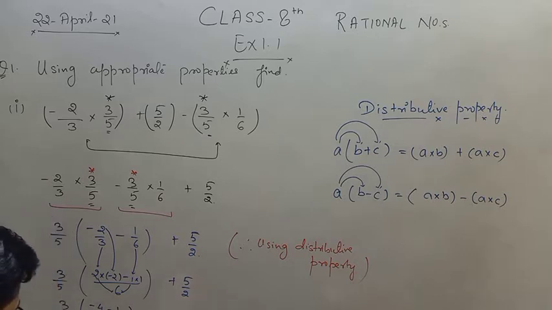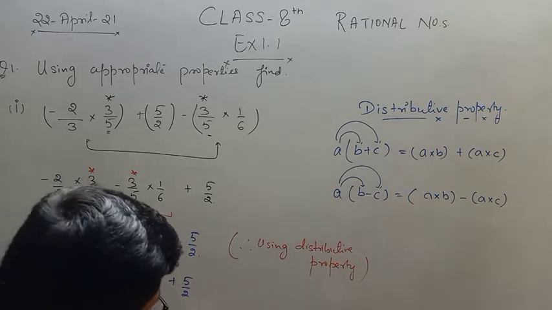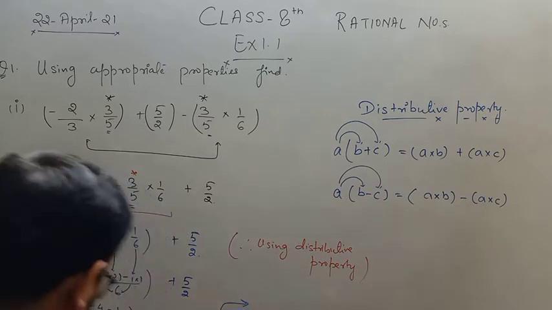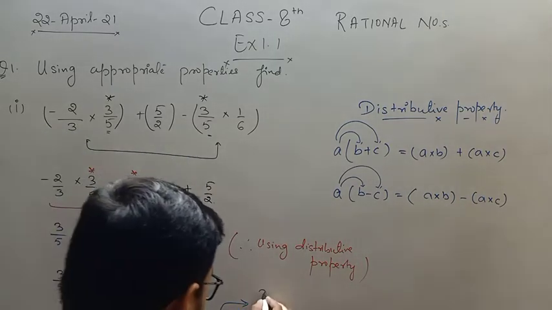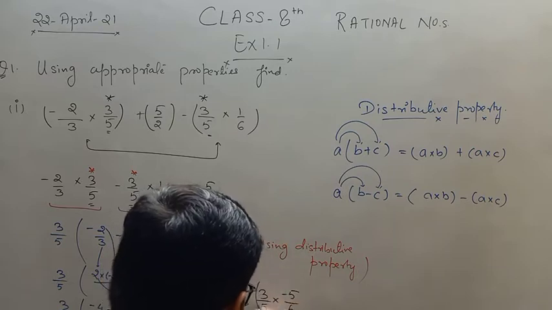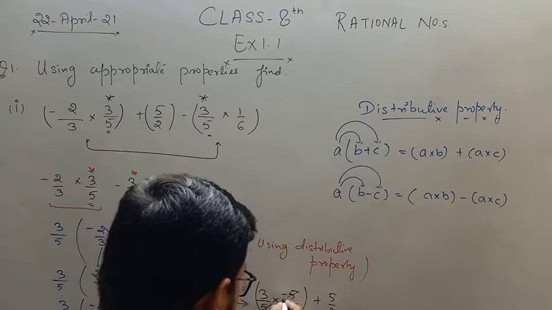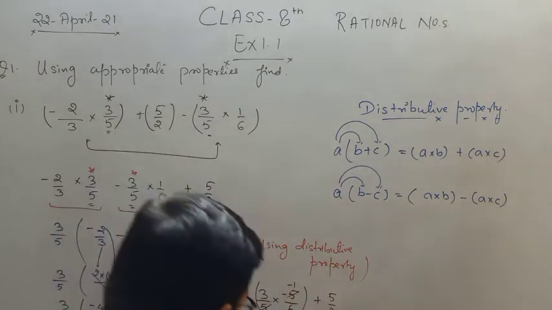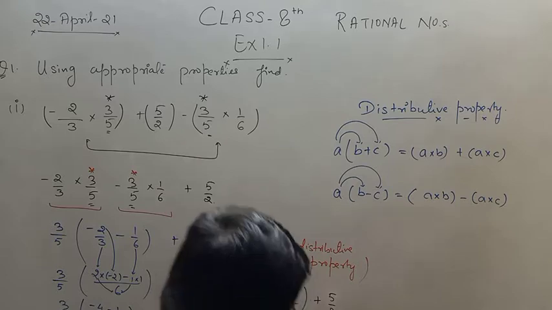So 3 upon 5 into bracket minus 5 upon 6 bracket close plus 5 upon 2. 5 ones are 5, so minus 1, so minus 3 upon 6 plus 5 upon 2.